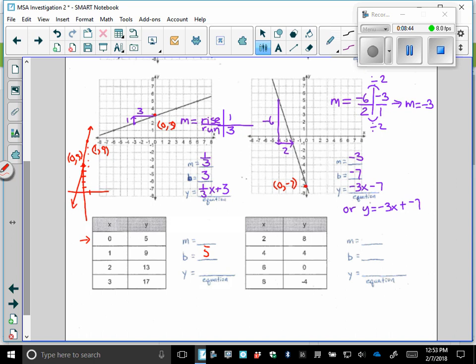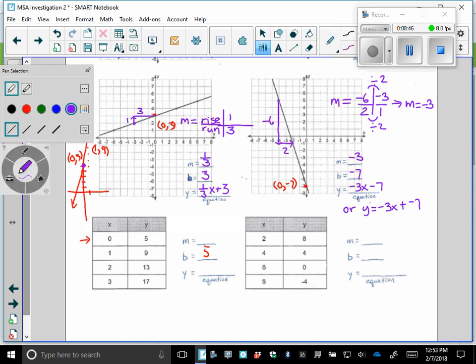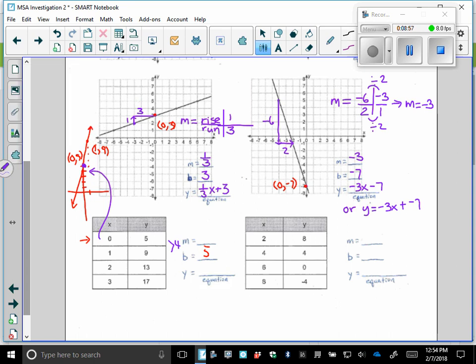So just to keep in mind, the intercept shows up in a table when x is 0. The slope is how much the change in y is divided by how much the change in x is. So the slope is change in y over change in x.